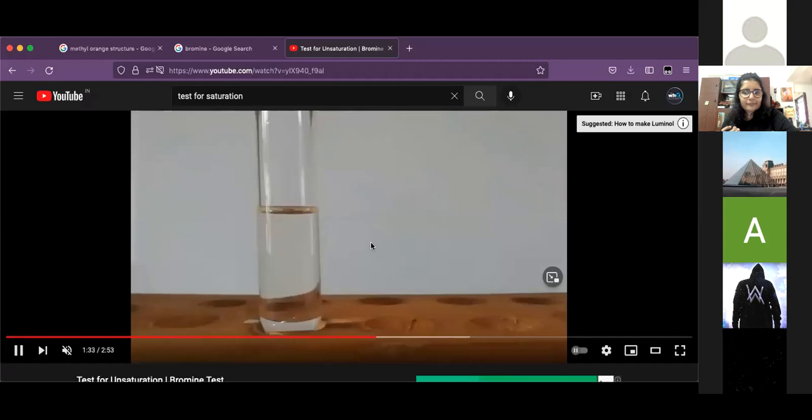What is the control solution? Control solution is to ensure that there's nothing wrong with bromine, and every time you do an experiment, you always have a control to test for authenticity, basically, whether you're doing it correctly or not. So that solution is there to ensure that, okay, this is bromine and this is how it usually behaves.